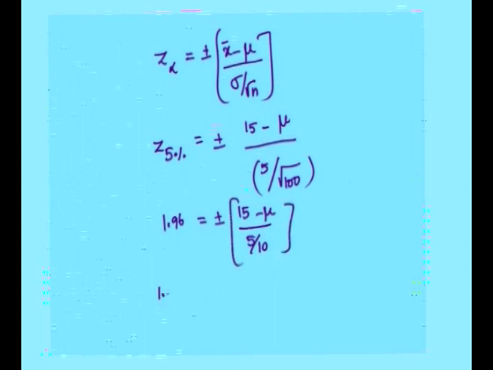Cross multiplying 1.96 into 1 by 2, 5 by 10 comes in there as 1 by 2, is equal to plus or minus 15 minus mu. We want this mu value. So, mu is taken to this side and 1.96 by 2 is taken to the other side.